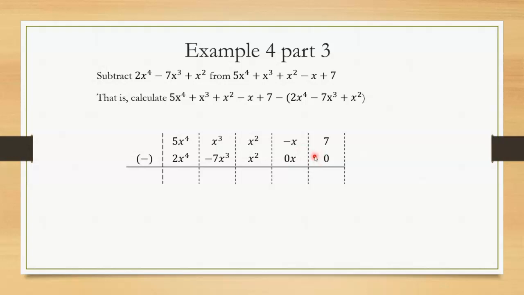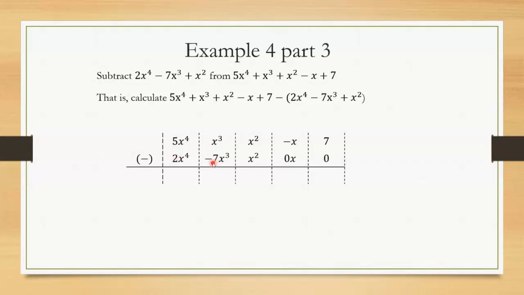All right, now, not quite ready to combine actually, because of the minus sign, right? We have to distribute that. So we change it to addition and we distribute that minus sign. The 2x to the 4 becomes minus 2x to the 4.